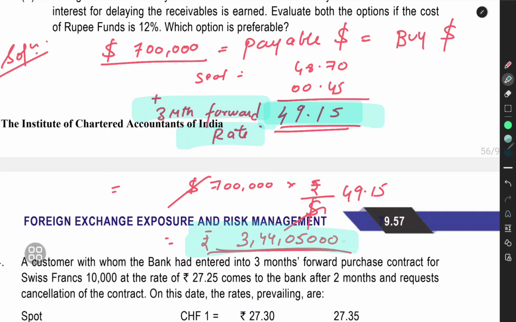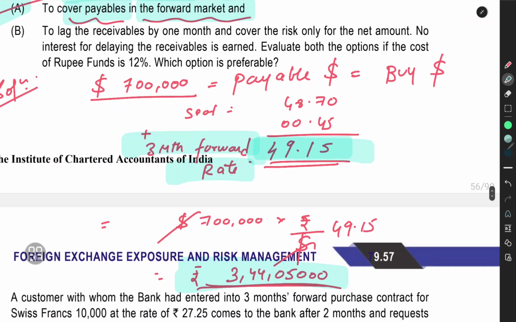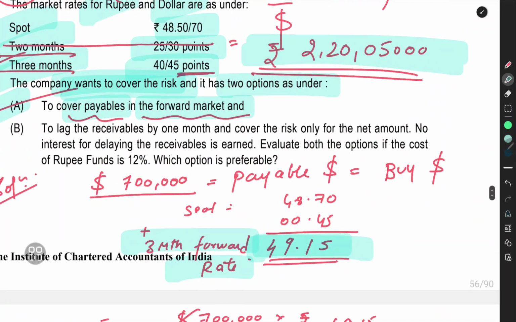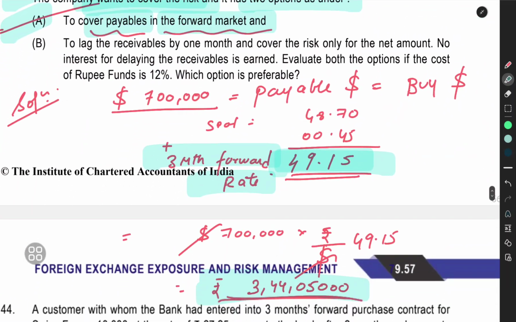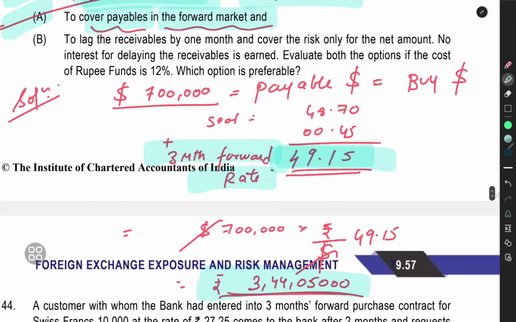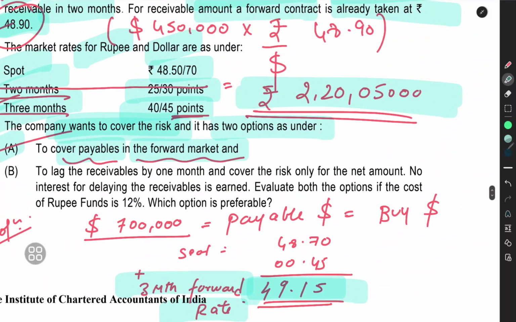Now if you notice one thing, the payable is after 3 months and the receivable is actually after 2 months. I will be receiving this 2 crore 20 lakh after 2 months itself. So for 1 month, these funds are idle.